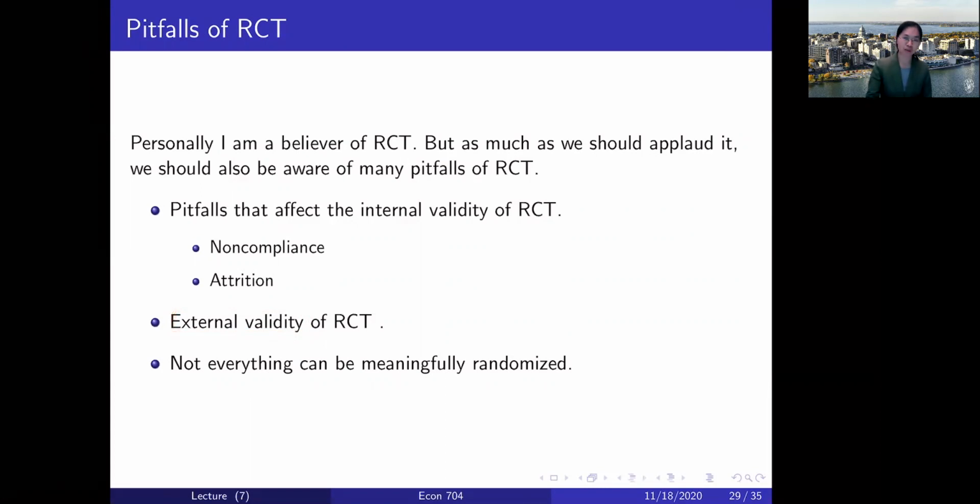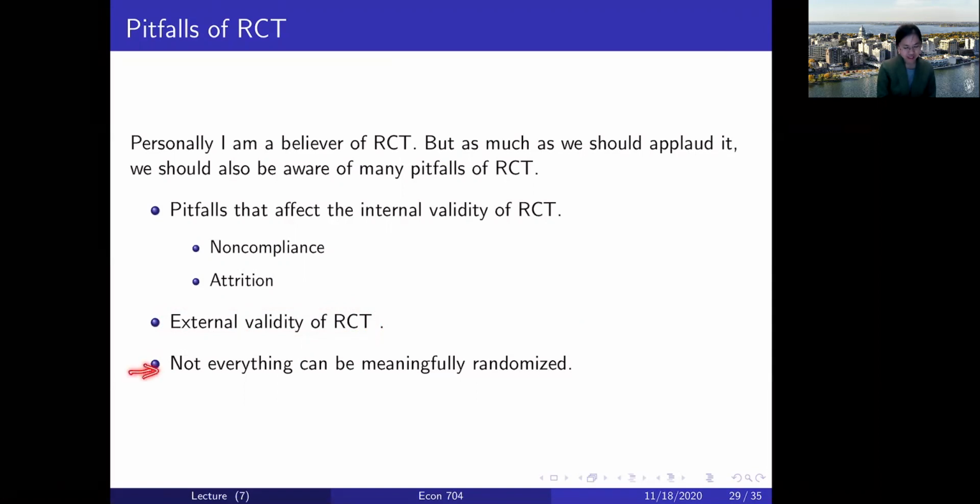That's a big problem. There are many reasons to doubt the external validity of RCT, and there may also be some ways to save it. But it's in general pretty hard to guarantee external validity of RCT.